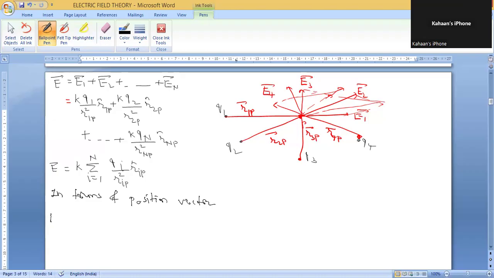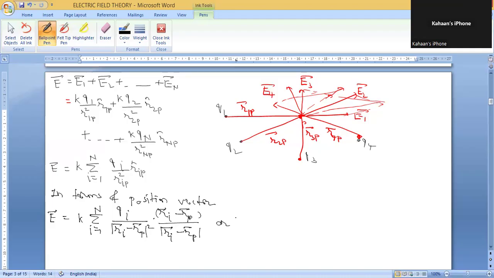So vector E is equal to K summation i equal to 1 to n, qi upon mod of Ri minus Rp square into Ri minus Rp upon magnitude of Ri minus Rp.